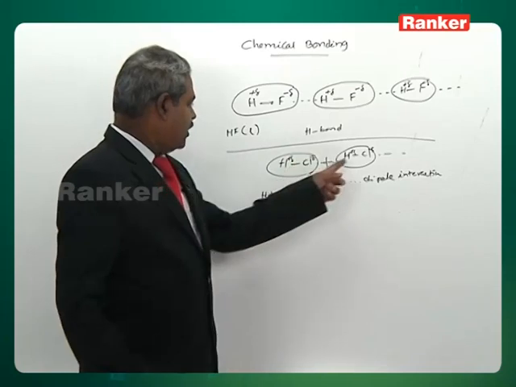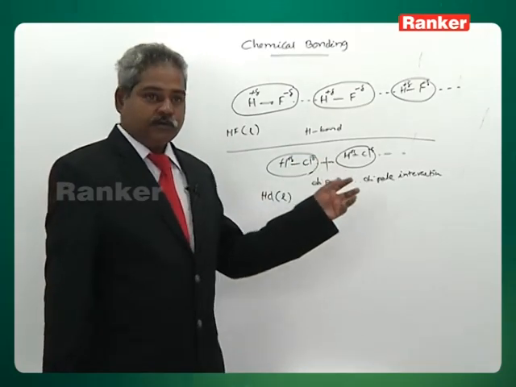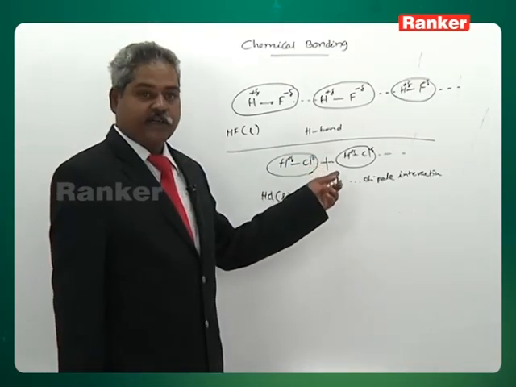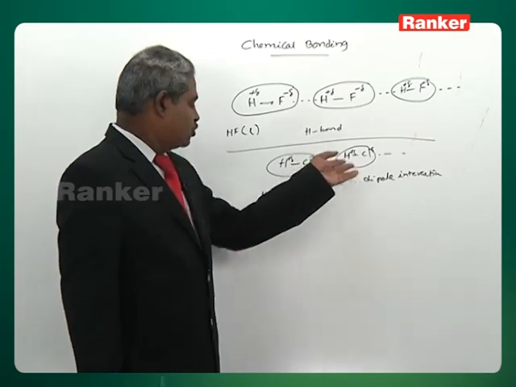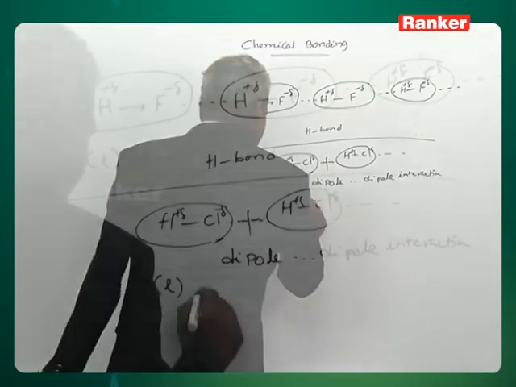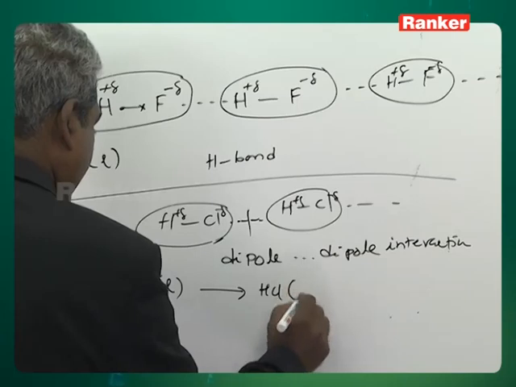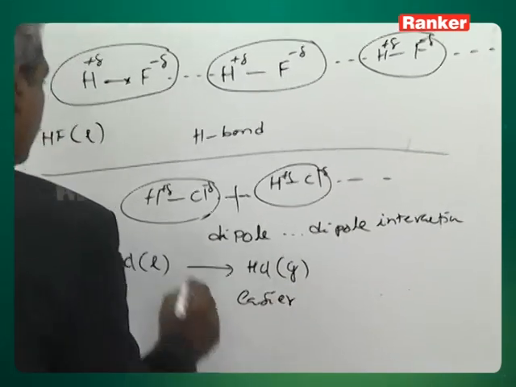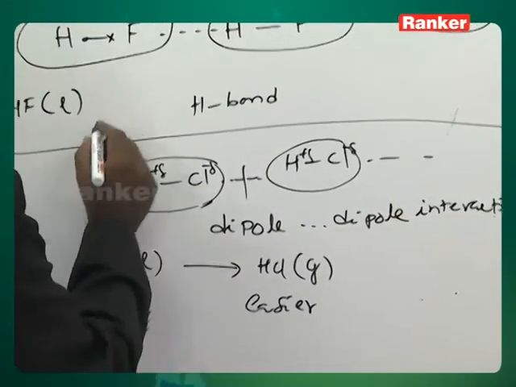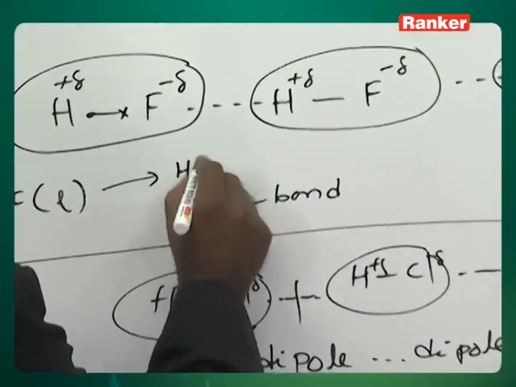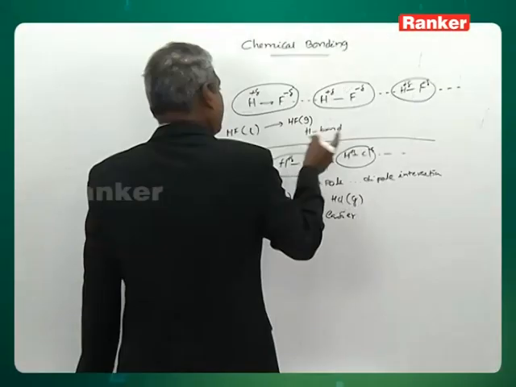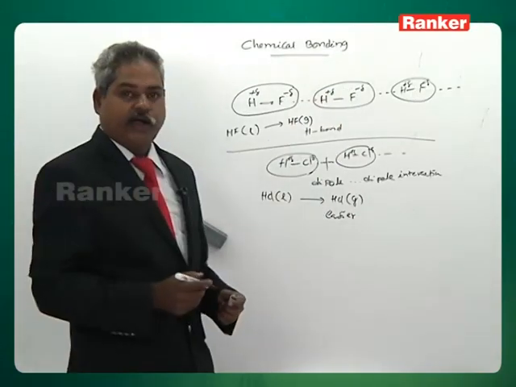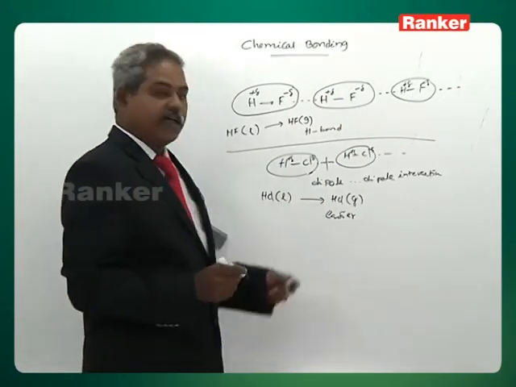Therefore, HCl goes to vapor state easily. HCl liquid to HCl gas is easier when compared to HF. HF liquid to HF gas is relatively difficult. Therefore, the boiling point of hydrogen fluoride is more than that of HCl.